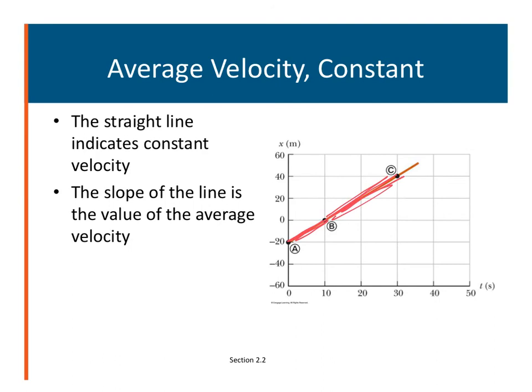And this should make sense. How do we calculate slope? Well, to calculate slope, we have rise over run. Our rise is delta x, our run is delta t. So the slope is delta x divided by delta t, which is average velocity.